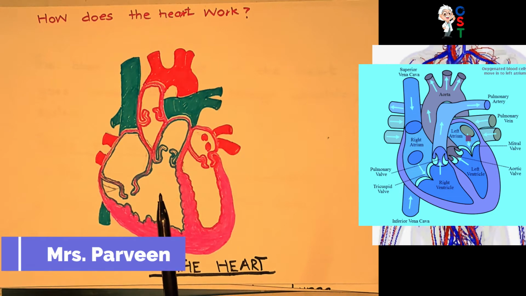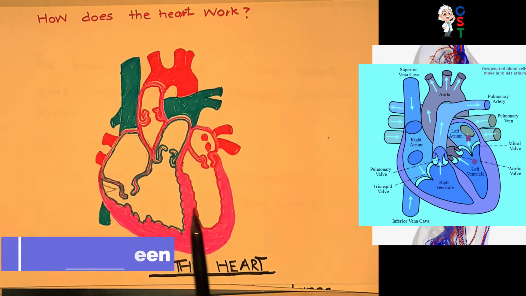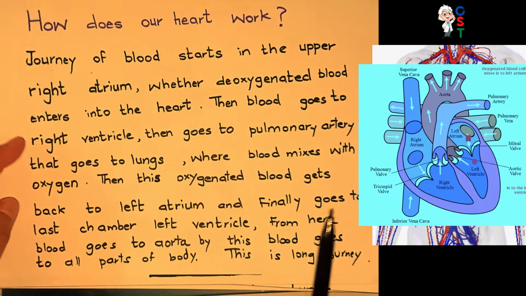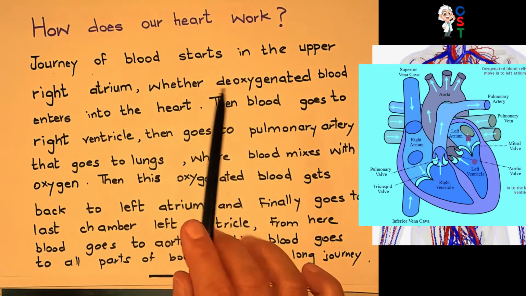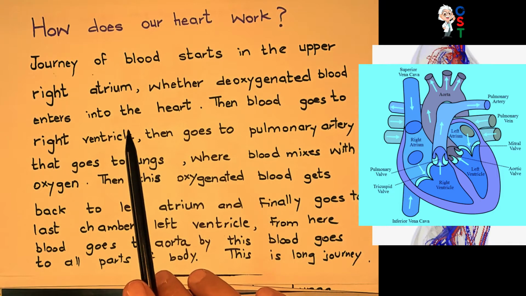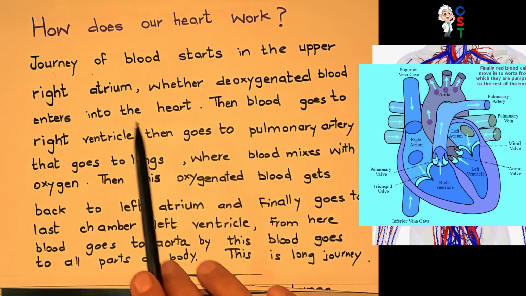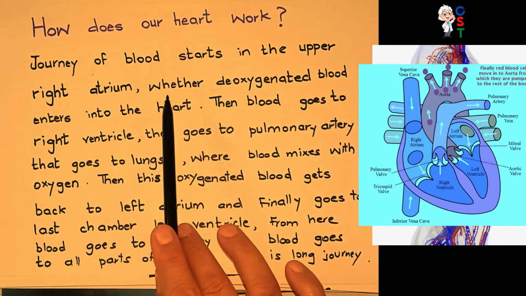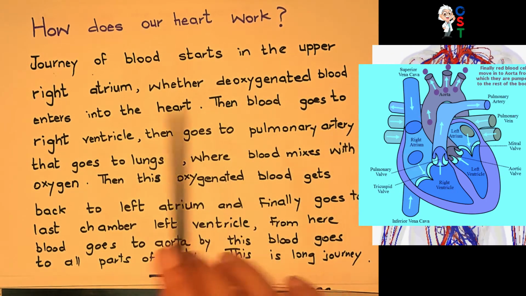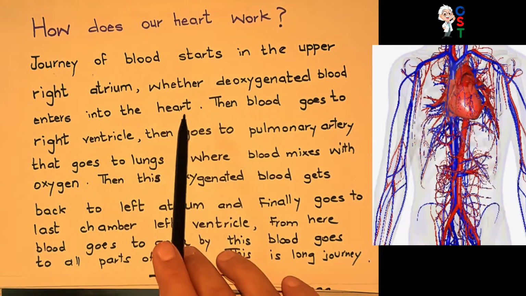Now, how does the heart work? The journey of blood starts in the upper right atrium. As I have shown, the right atrium is where the deoxygenated blood enters the heart.